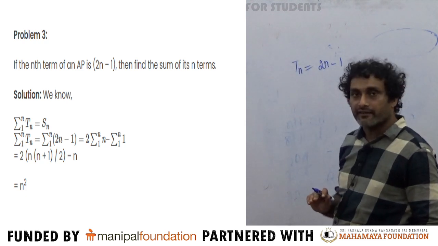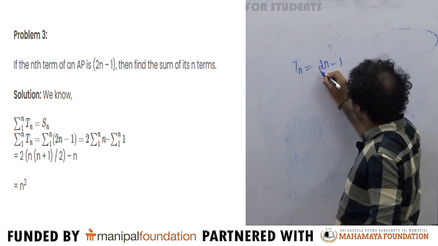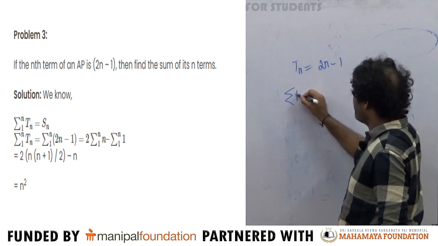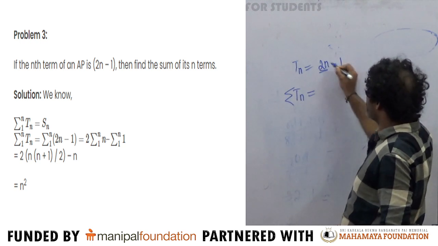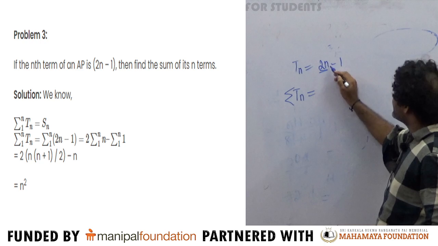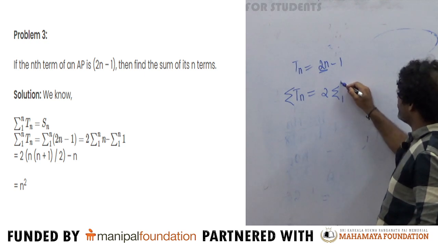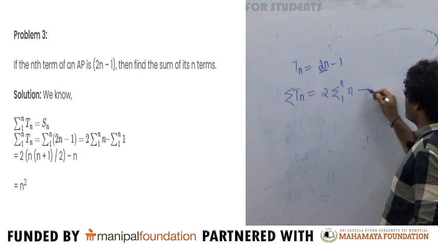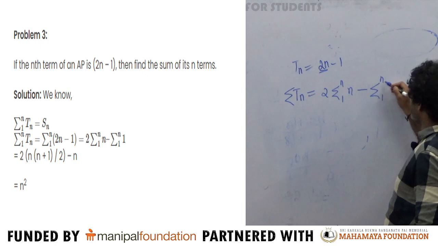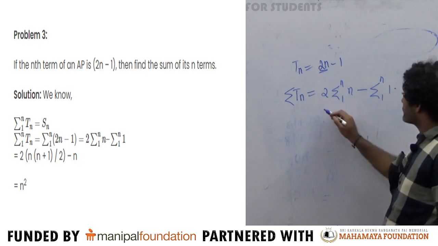If they are asking you to find the summation of that Tn, it's 2 into something. We are not bothered when it is with somebody. So 2 out, summation 1 to n of n minus summation 1 to n of 1. So 2 let it be.